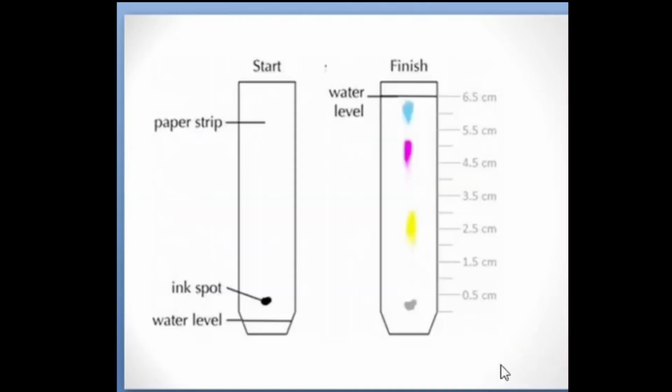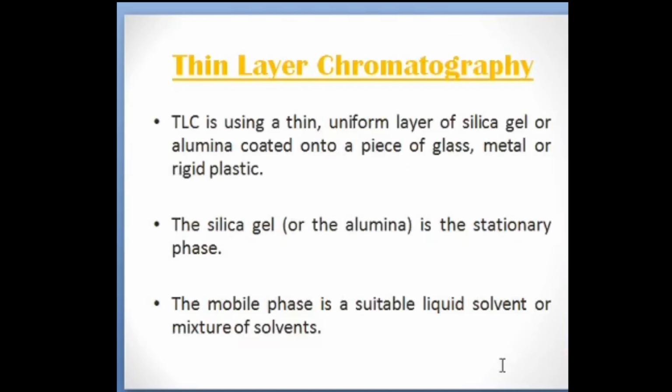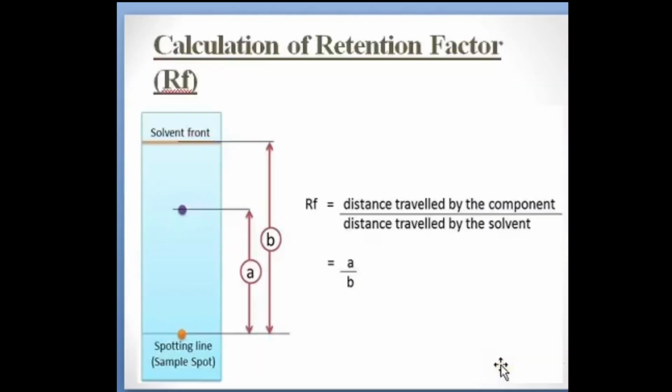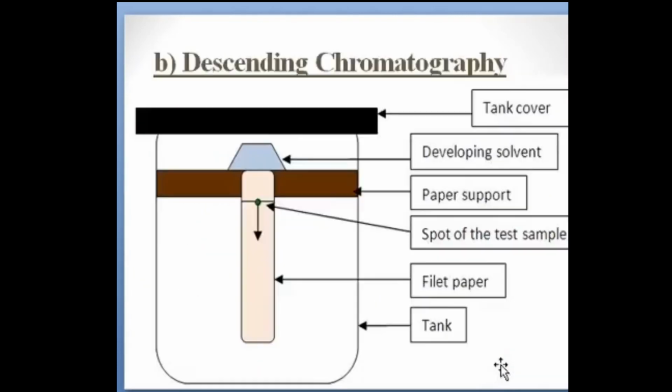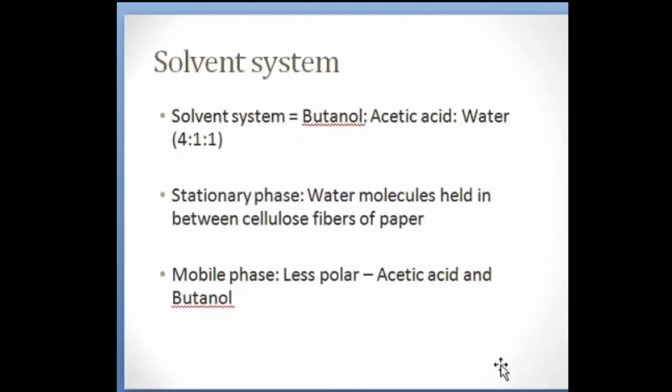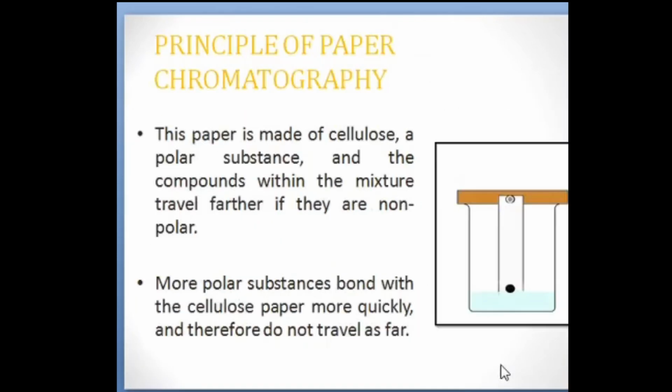Whereas in planar chromatography, in case of paper chromatography, we use a paper made of cellulose. But what you have to remember, which is very important, is that the paper is the supporting medium and water is the stationary phase, and the solvent made of butanol and acetic acid will be the mobile phase.